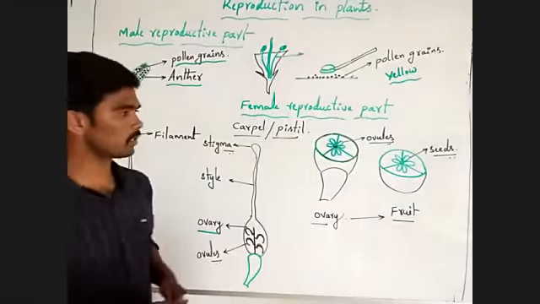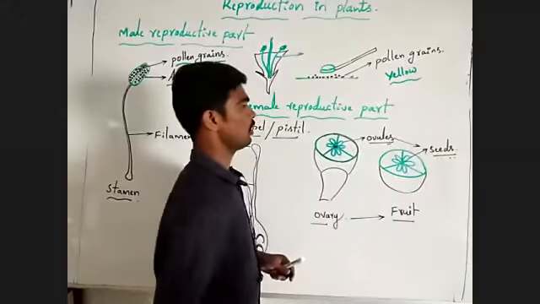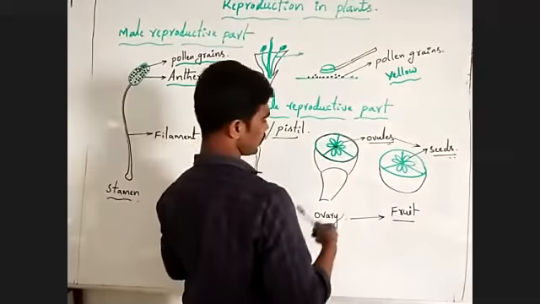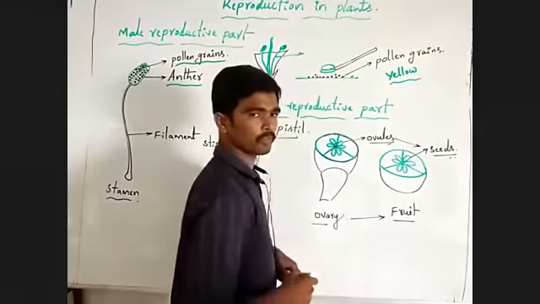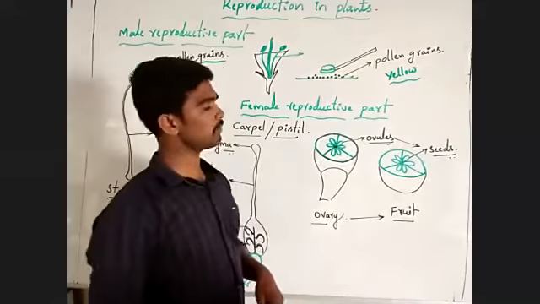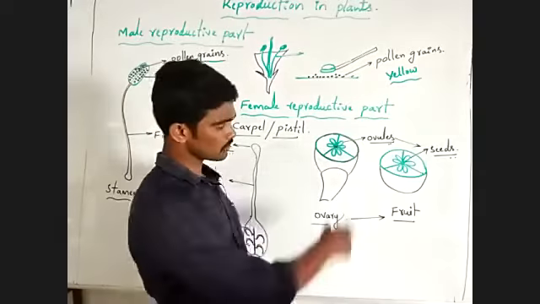Ovules become seeds. That is why the TS of the ovary and the TS of the fruit appear alike. Are you understanding? Okay, observe once.